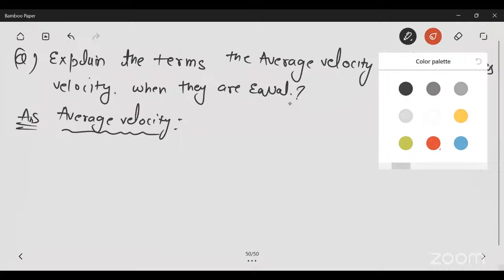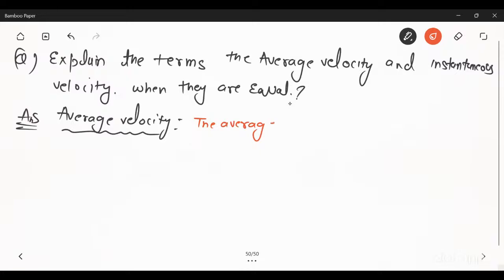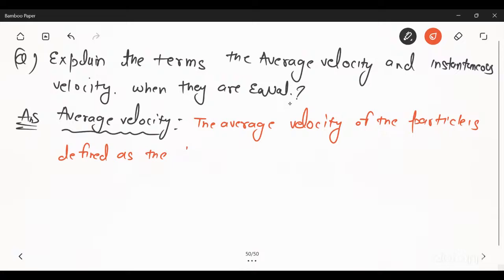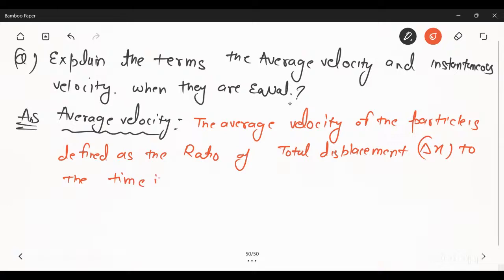The average velocity of a particle is defined as the ratio of total displacement, or you can simply say displacement delta x, to the time interval delta t. So the average velocity is equal to delta x upon delta t.